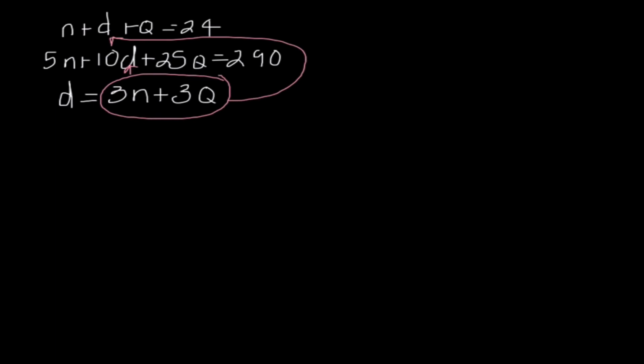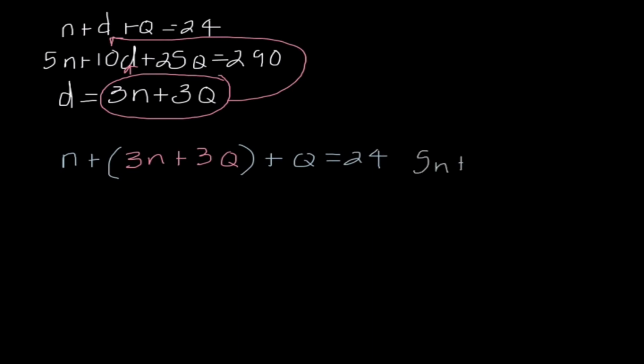So what that gives me is N plus 3N plus 3Q plus Q is equal to 24. In my other equation, it would give me 5N plus 10 times 3N plus 3Q, plus 25Q equals 290.